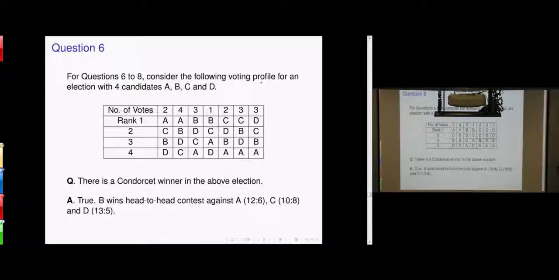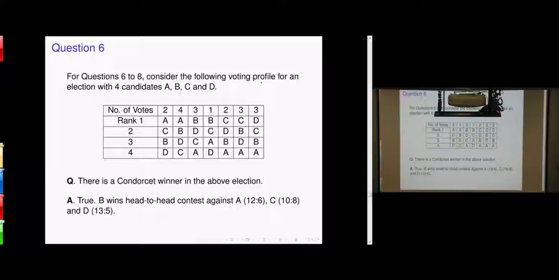Can C beat D? 2 votes here. 3, 5, good. 8? No, 8. So D beats C. Is it true? D beats C. Okay, so then the chance will be D.